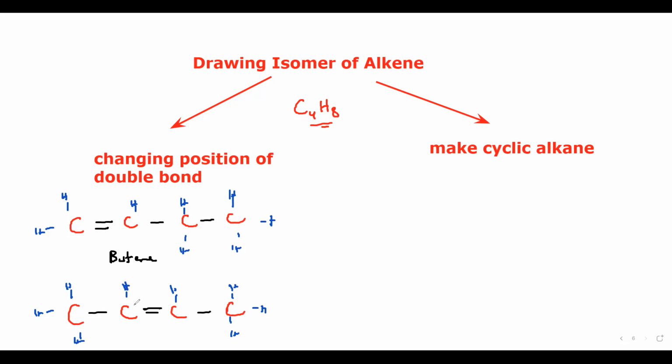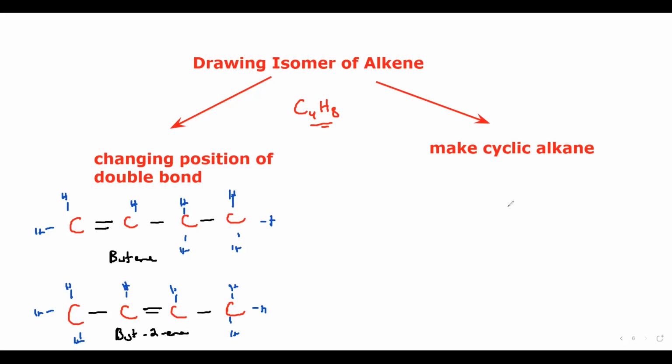Now what is the name of the compound? Because the double bond is attached to the second carbon, we call it but, because of 4 carbon, and 2 is the position of the double bond in ene. So it is but-2-ene.